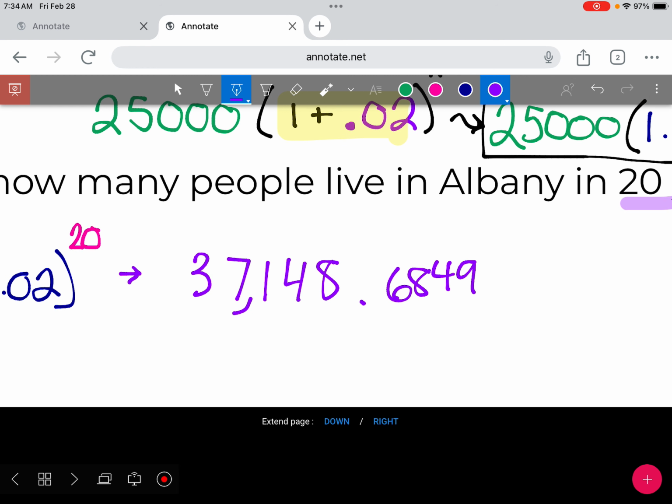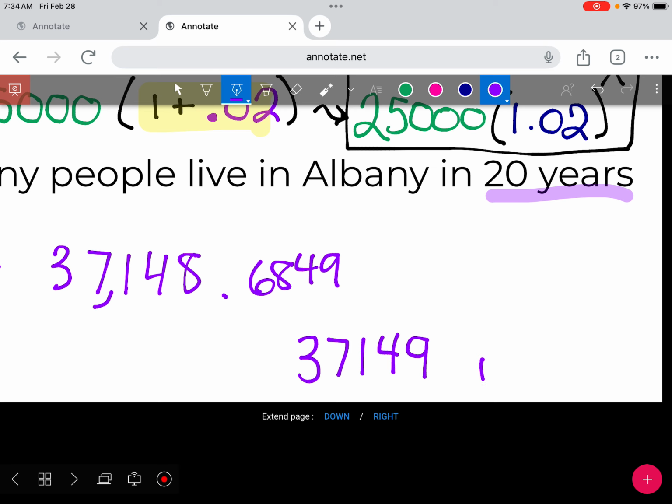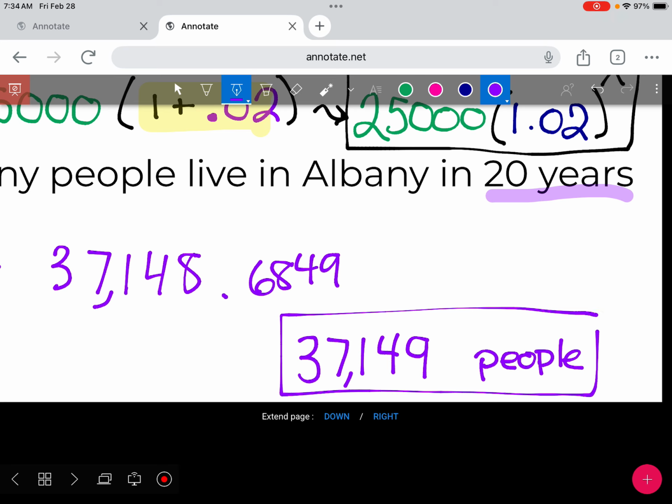So our final answer on this, we're going to have 37,149 people. So we will get decimal answers, but we do have to logic our way into it and figure out where we're rounding. If it's people or anything alive, whole numbers only. We're going to keep the damage to the population minimal.